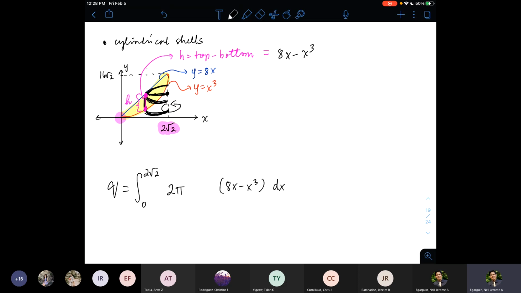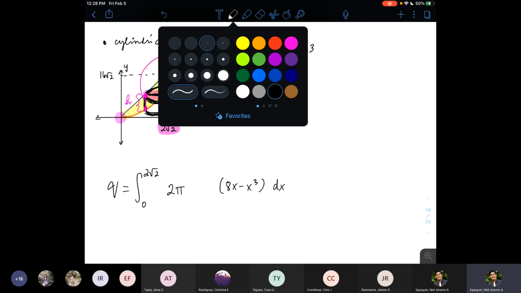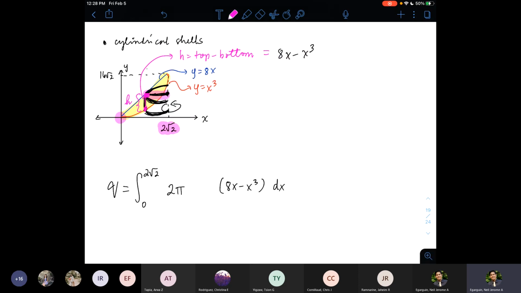Okay. Now, calculating the radius for this one would be a little bit trickier than before. Well, where is the radius? The radius is over here, right? Or let me just highlight that using a different color. Okay, the radius is that red strip over there.